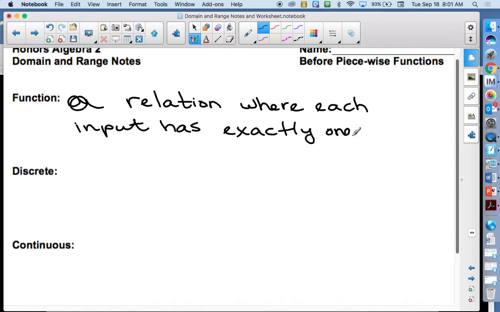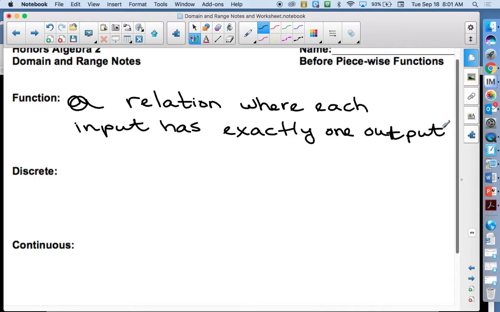So 1 x to 1 y. If an x is paired with 2 different y's, then we would say it's not a function.